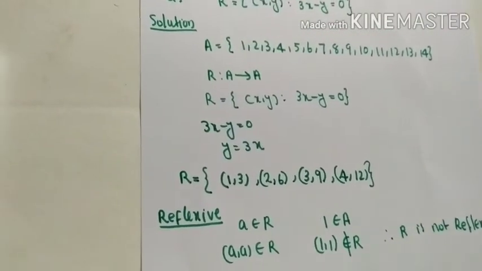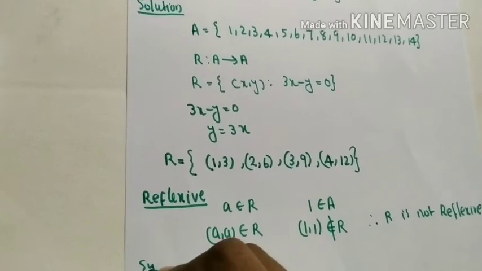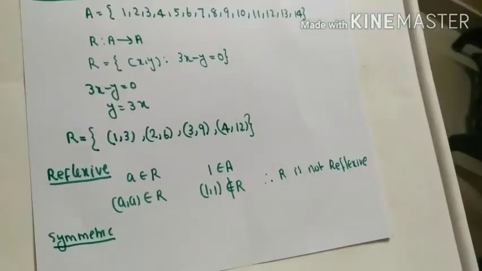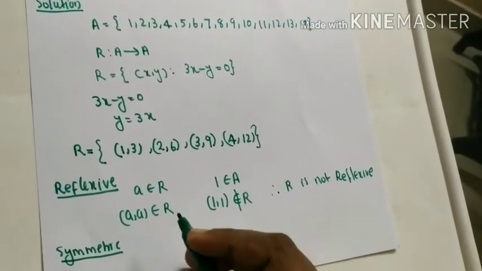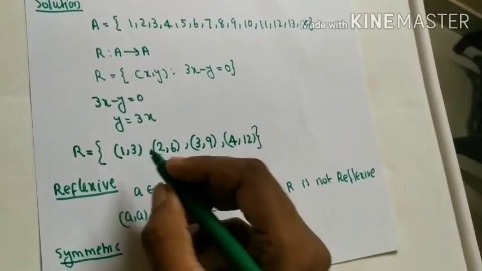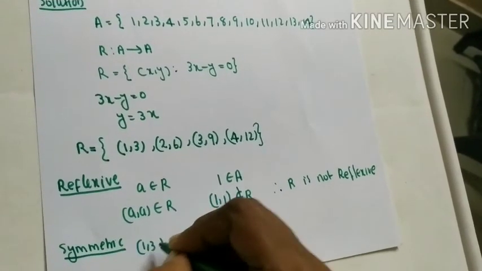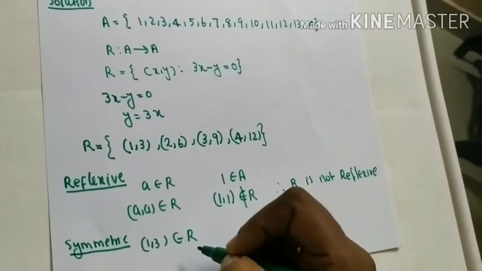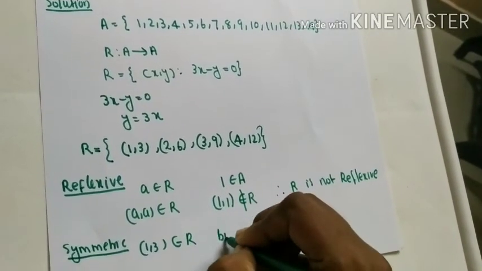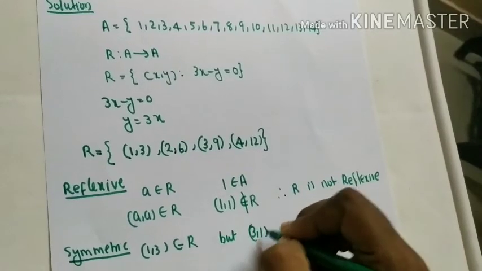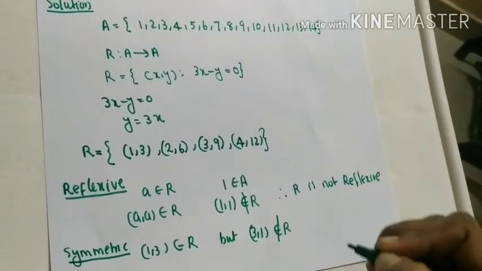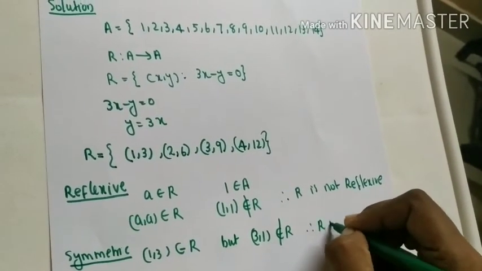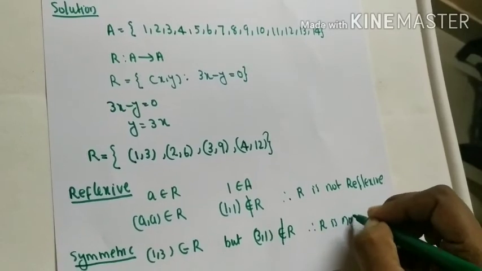Now let us check it for symmetric. We can see that (1,3) is an element of our relation R, but (3,1) is not an element of our relation. So therefore R is not symmetric.